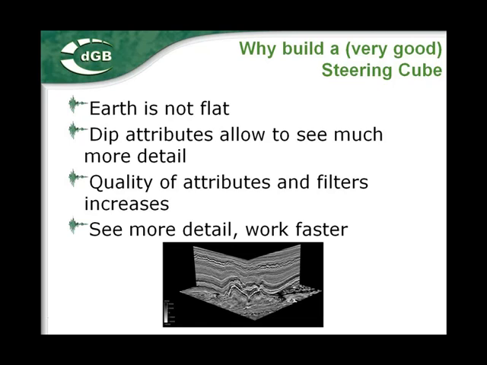So all in all, using the steering as a component of your attribute workflows, you see more detail, you work more accurately, and you work faster in your stratigraphic and structural interpretation of your seismic data. That is the basic advantage.